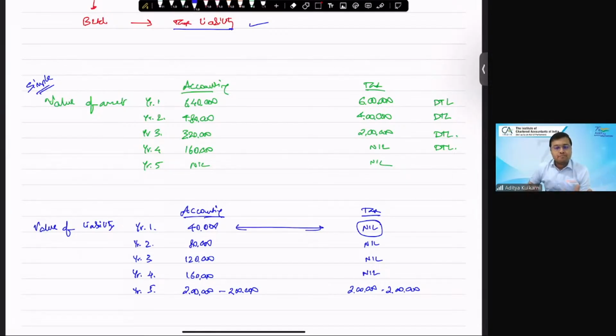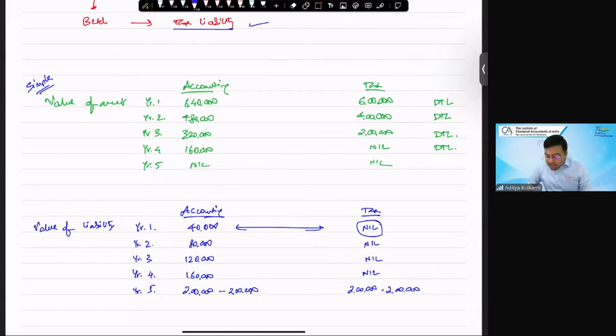See, suppose I have earned a profit of 4 lakhs. Can I claim this 40,000 today? Answer is no. Can I claim it in the future when the interest is paid? Yes, sir. That is why this gives rise to a deferred tax asset.